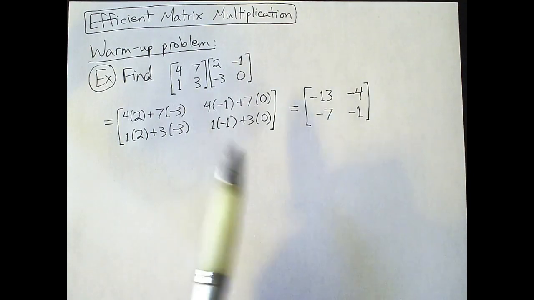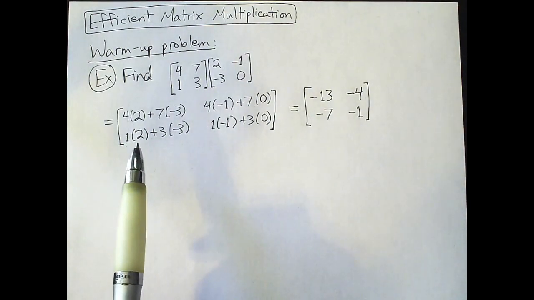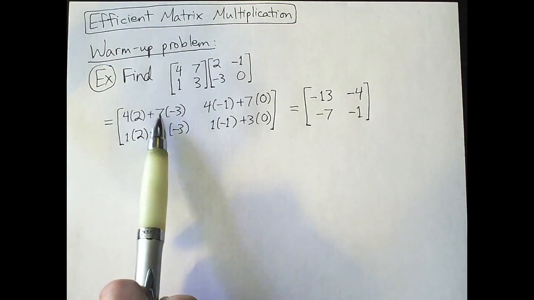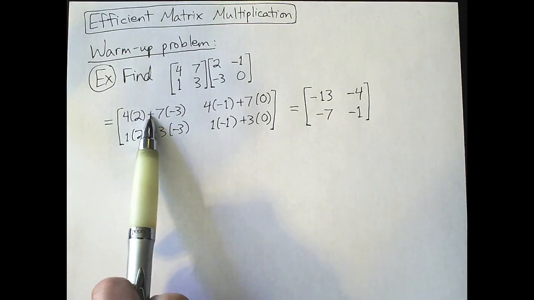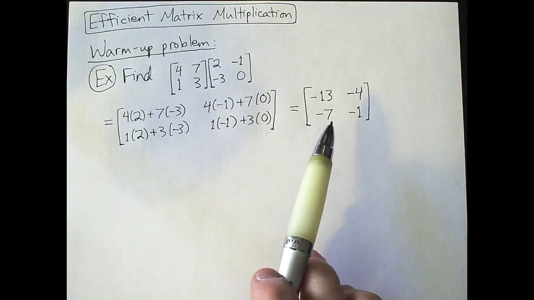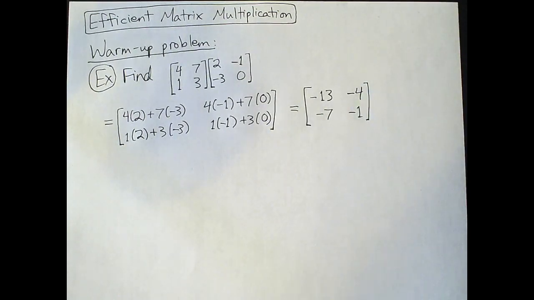So if you think about how we actually did this, it's really just a bunch of adding and multiplying numbers, right? It's a bunch of arithmetic. 4 times 2, 7 times -3, add them together. Any other method that we come up with to multiply matrices needs to get the same answer, right? So in this lesson, we're going to learn another method, but it needs to get us the same answer still.